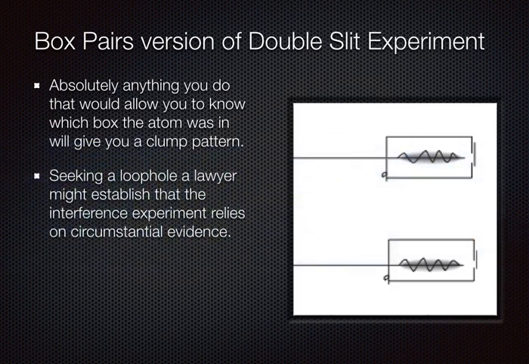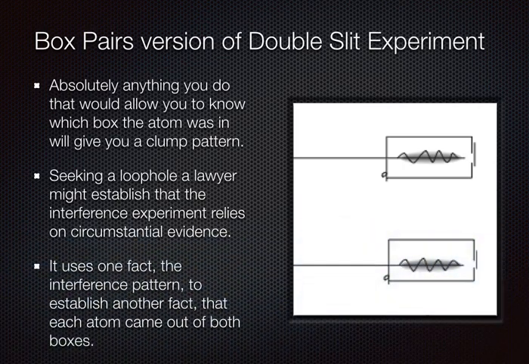But seeking a loophole, a lawyer might establish that the interference experiment relies on circumstantial evidence. It uses one fact, the interference pattern, to establish another fact, that one atom came out of both boxes. So legally, this is all circumstantial.